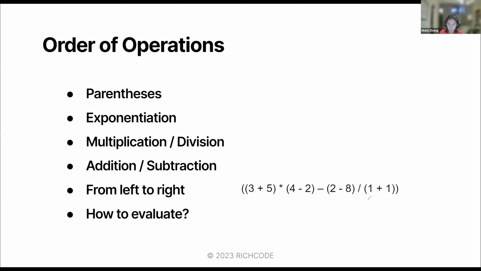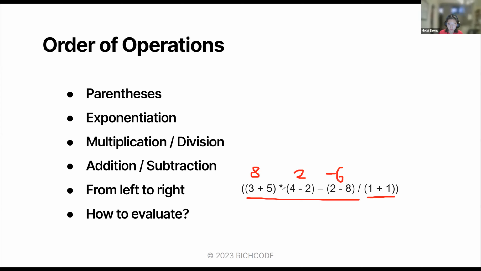Yeah, so we have two parentheses in here, this one and this one. And let's just start with this one on the left. And first we'll evaluate each expression inside each parentheses. So this one's 3 plus 5, that's 8. And then we have 4 minus 2, that's 2. And then we have 2 minus 8, which is negative 6.